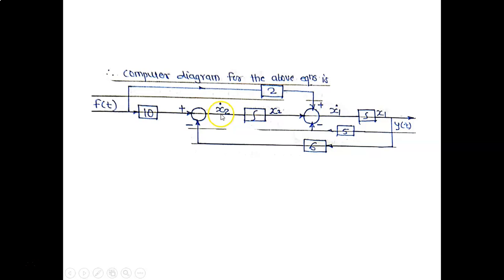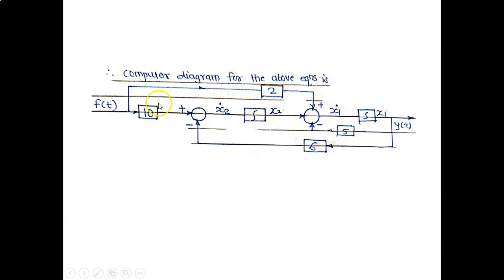Now x2 dot is equal to 10f(t) minus 6x1, therefore from this x1 we have to take one signal and multiply x1 by the transfer function 6, that is 6x1, its sign is negative, therefore x2 dot is equal to 10f(t) minus 6x1.